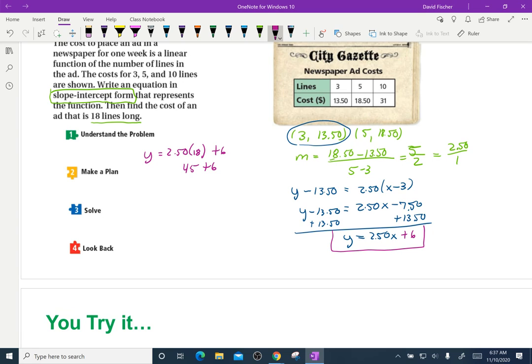I'm gonna go back over here and check my work. Yep, plus 6. So it's going to be, what, $51?